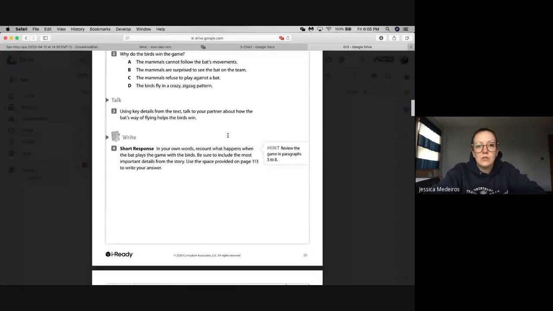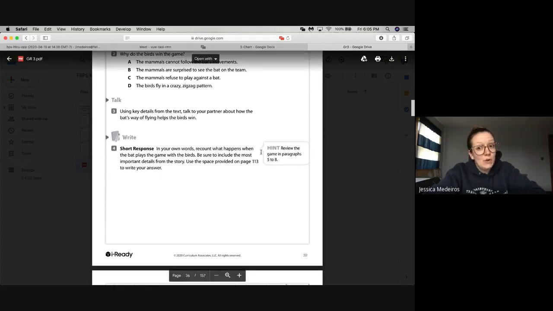Number 4 says, short response. In your own words, recount what happens when the bat plays the game with the birds. Be sure to include the most important details from the story. Use the space provided on page 113 to write your answer. That just means we're going to write it on the next page.